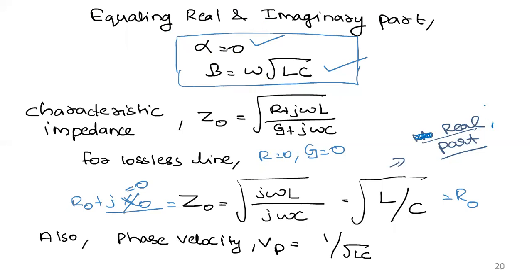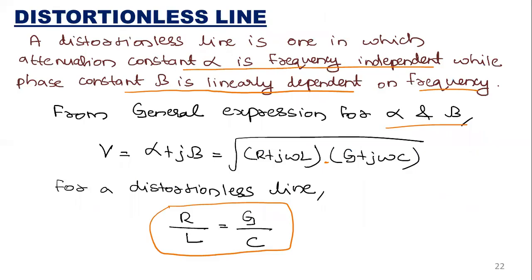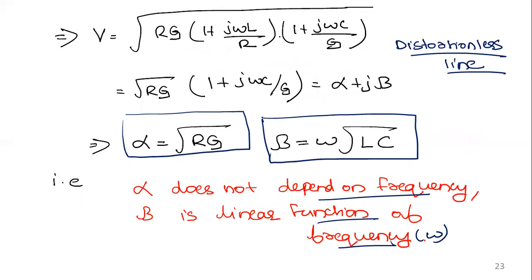It has a real part and no reactive part, right? No reactive part. And then going ahead, we have attenuation constant alpha, phase constant, phase velocity, characteristic impedance. This is what we have seen. Then for a distortionless line also, you found out what is alpha and beta, and the relations, one depending on frequency, and one independent of frequency.